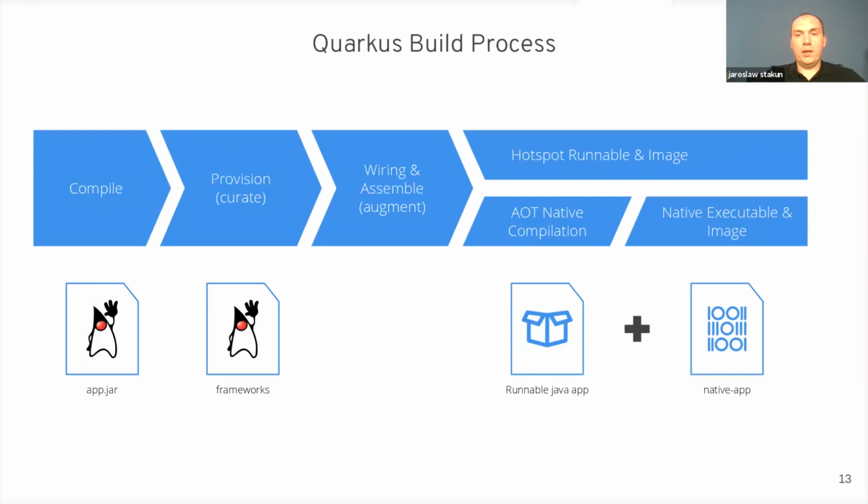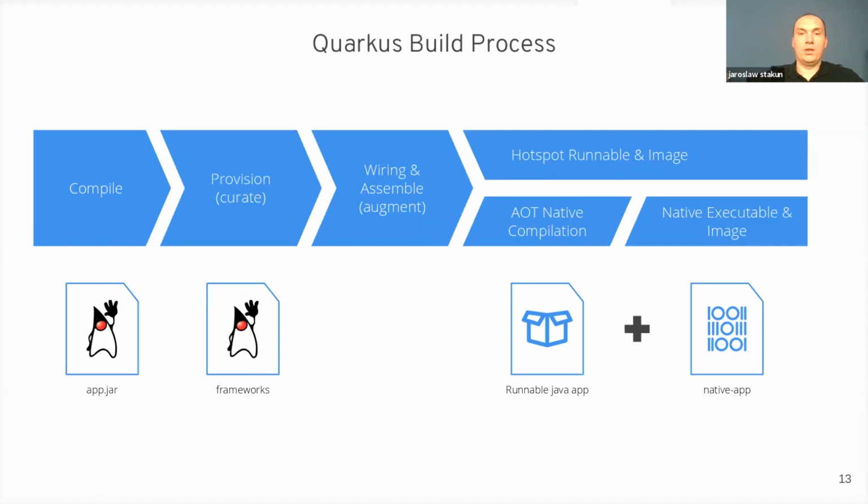The second approach is when you want to create a native application image. For that, you will use ahead-of-time native compilation, which will generate a native executable that can be executed as a regular Linux application on the operating system.